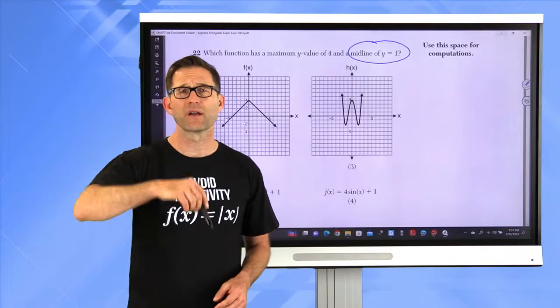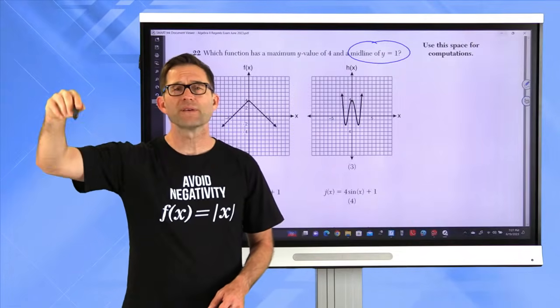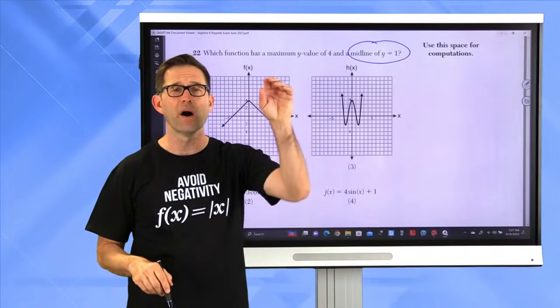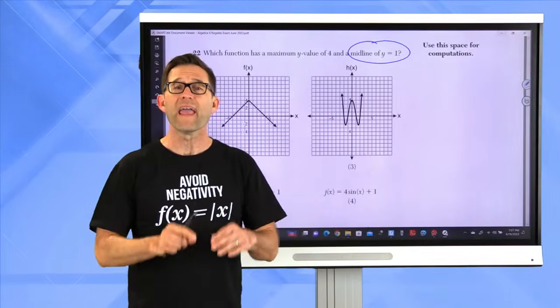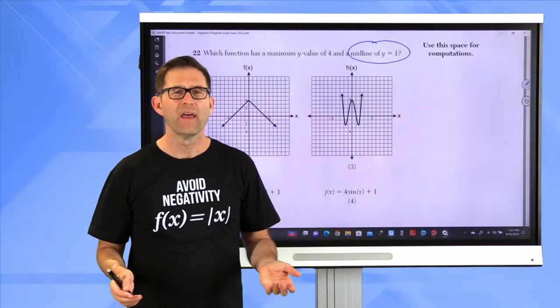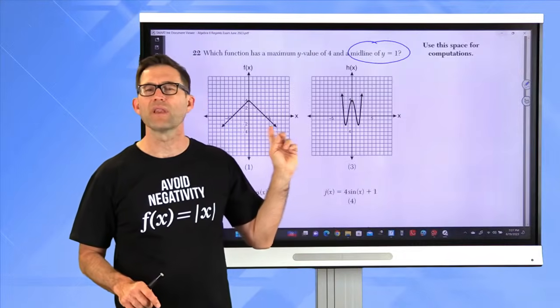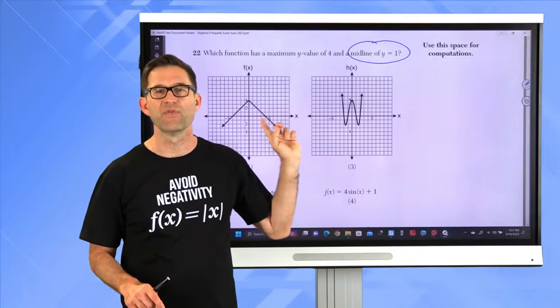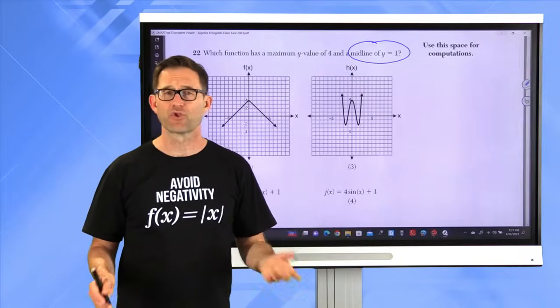In sine and cosine graphs, we talk about midlines because the graph oscillates, goes above and below a given horizontal line called the midline. So it's weird to me that we would even talk about midlines with these two choices because they're not trig graphs.